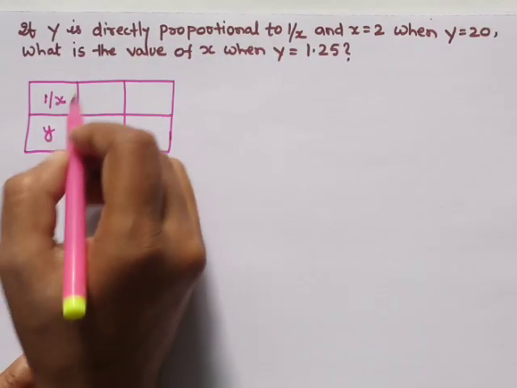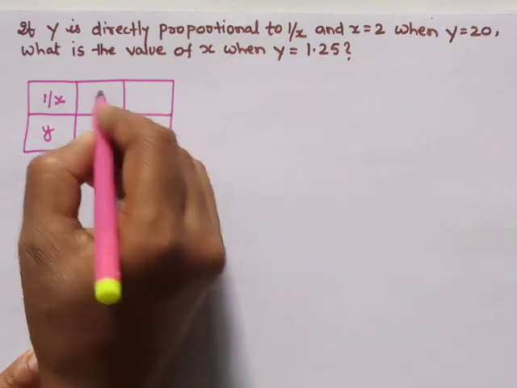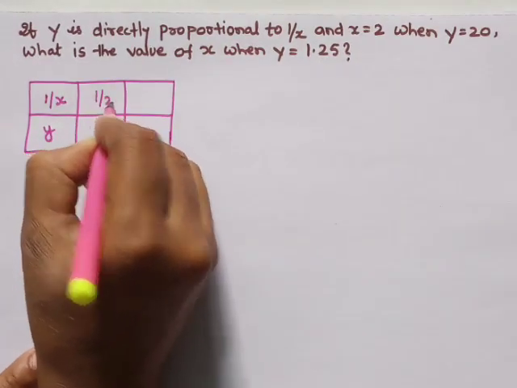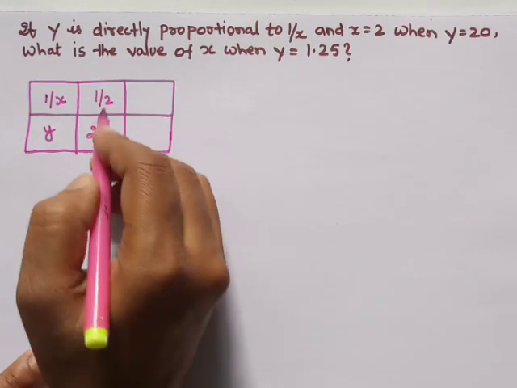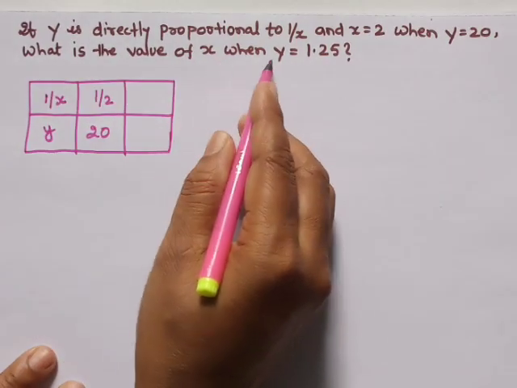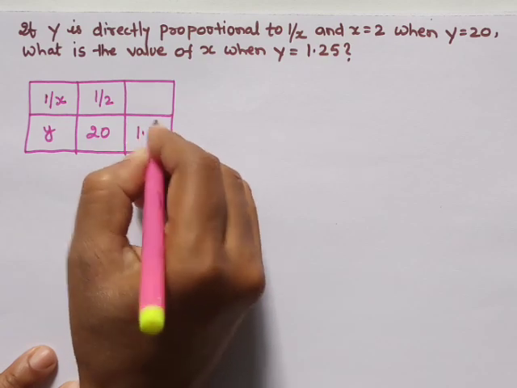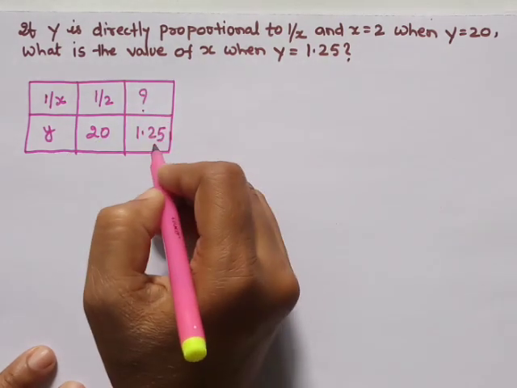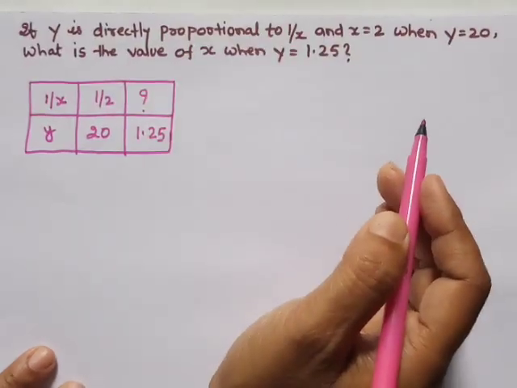Y is directly proportional to 1 by x and x is equal to 2. That means here the value will be 1 by 2 when y is equal to 20. What is the value of x when y is equal to 1.25? Let us find this value first, when y is equal to 1.25. From this place we shall get the value of x.